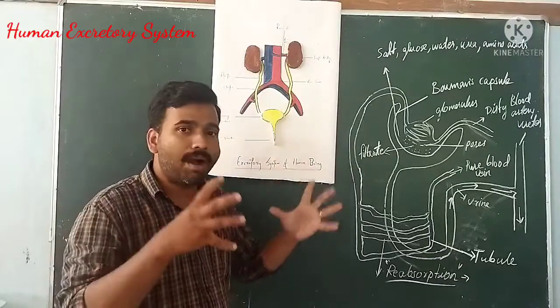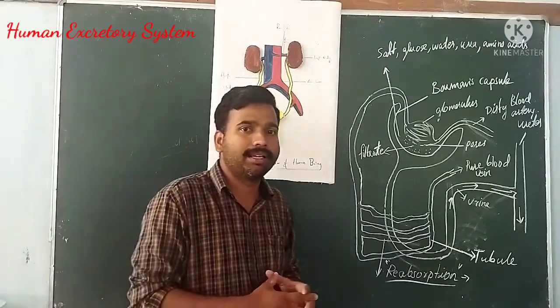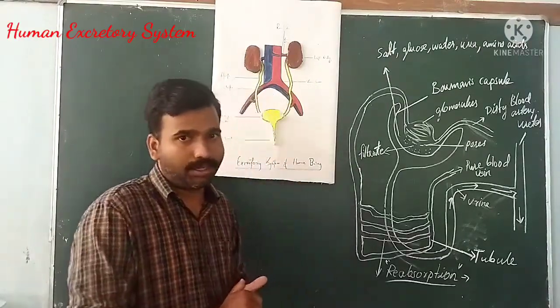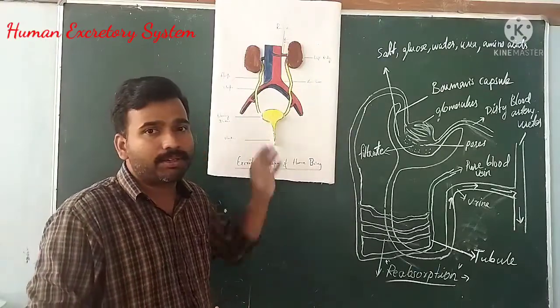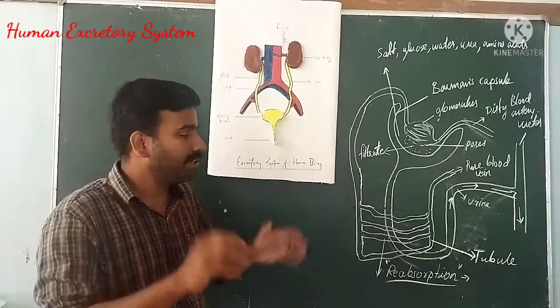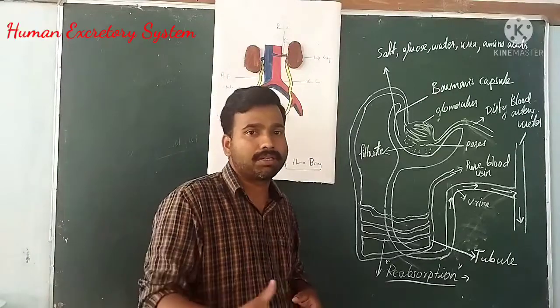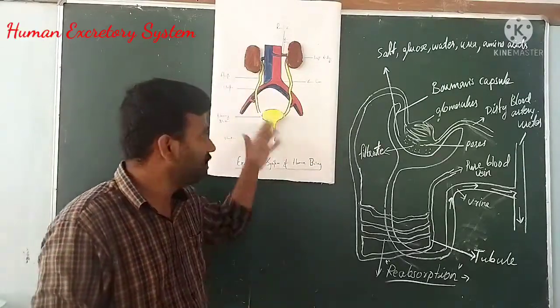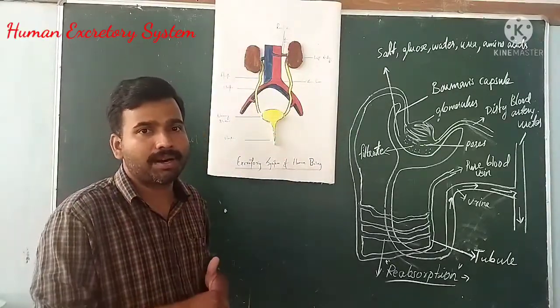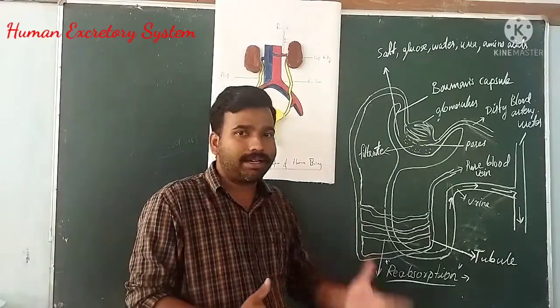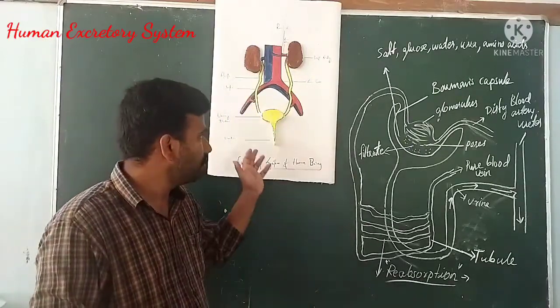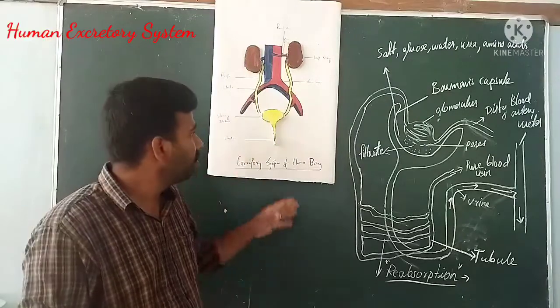That means the amount of water in your body needs to be regulated. If you drink less water, the urine will be more concentrated and smellier. If you drink more water, frequent urge to urinate will arise. All these things are controlled by the brain.